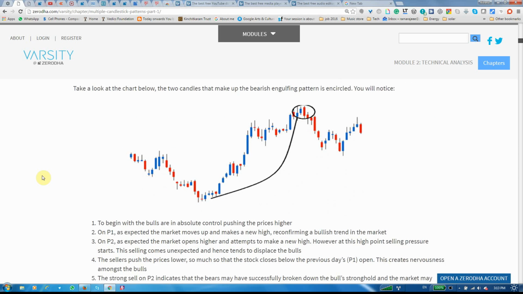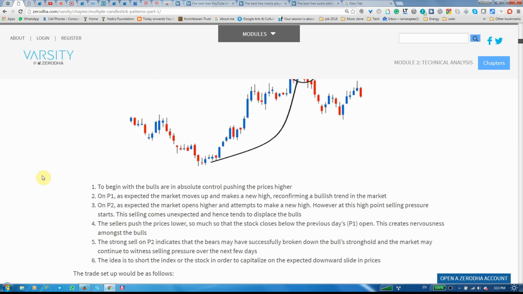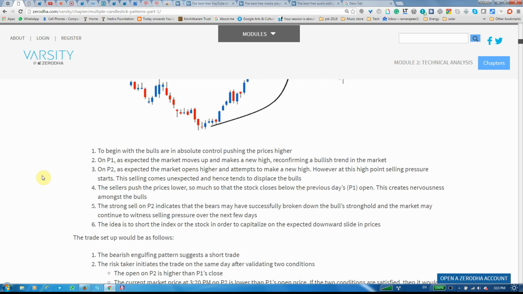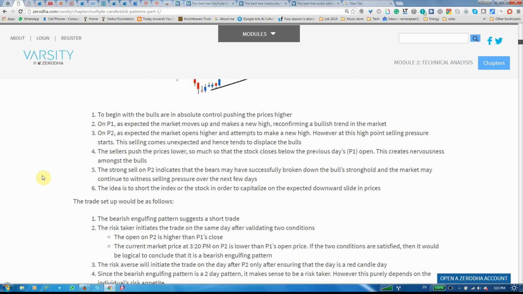You will notice, to begin with, the bulls are in absolute control, pushing the prices higher. On P1, as expected, the market moves up and makes a new high, reconfirming a bullish trend in the market. On P2, as expected, the market opens higher and attempts to make a new high. However, at this high point, selling pressure starts.